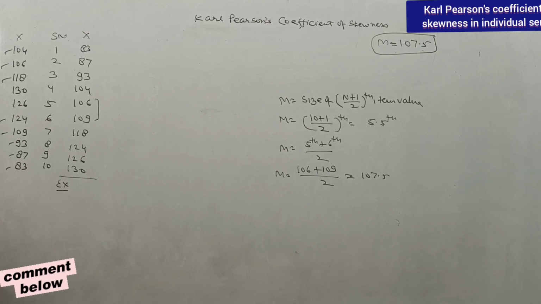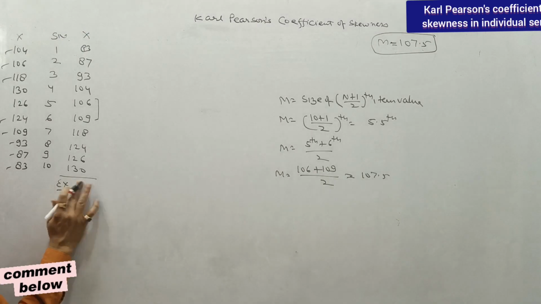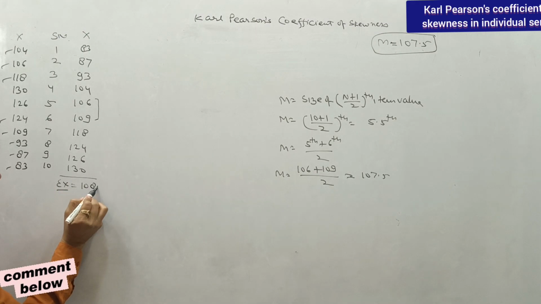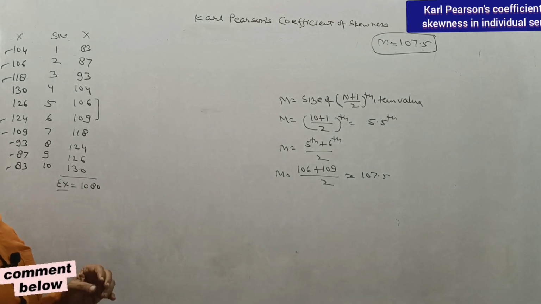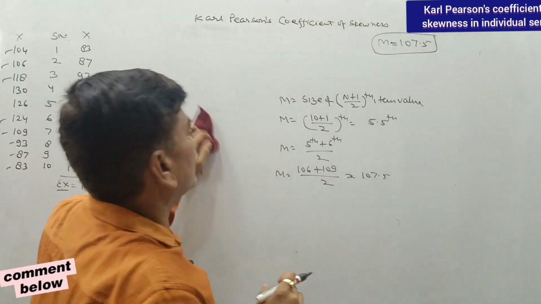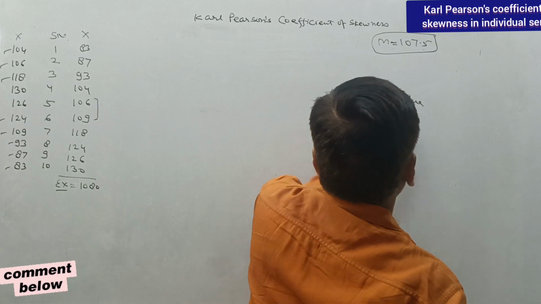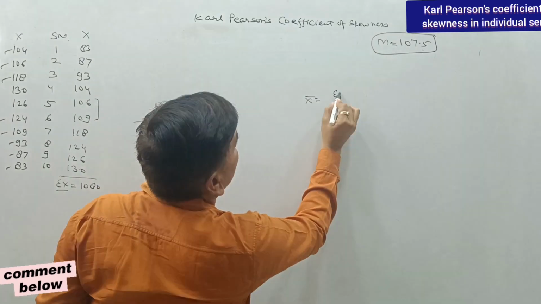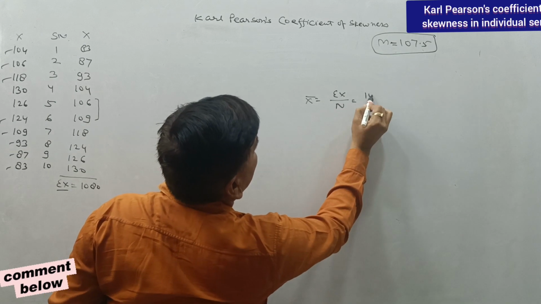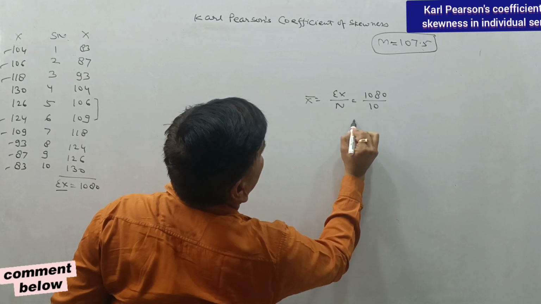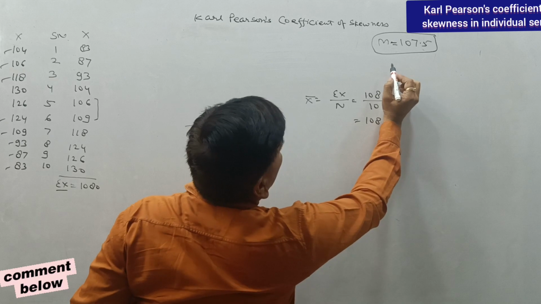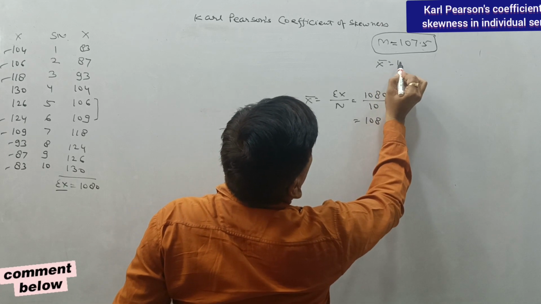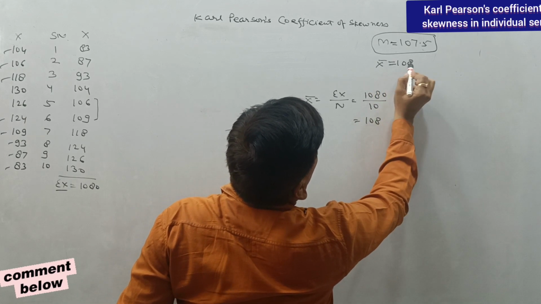So that is 1080. So we can have the direct method of standard deviation also, no problem at all. For getting x bar, that is sigma x divided by n, that is 1080 divided by 10, that is 108. So the value of x bar is 108.